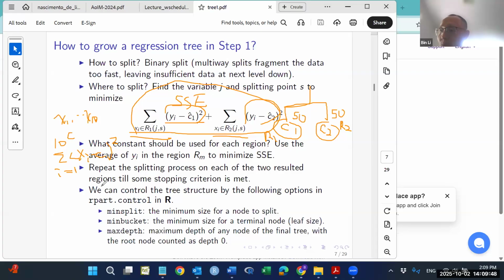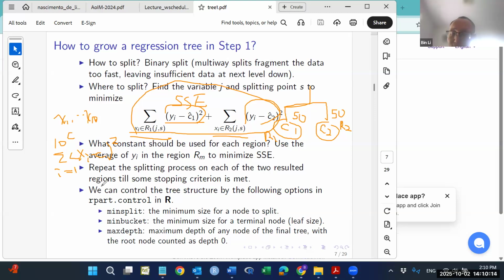Because this is a very simple mathematics question. To find the optimal value of a continuous function, you just take the derivative. If you do the derivative, you can easily find out. To achieve the minimum value, the first order derivative should equal 0, right?